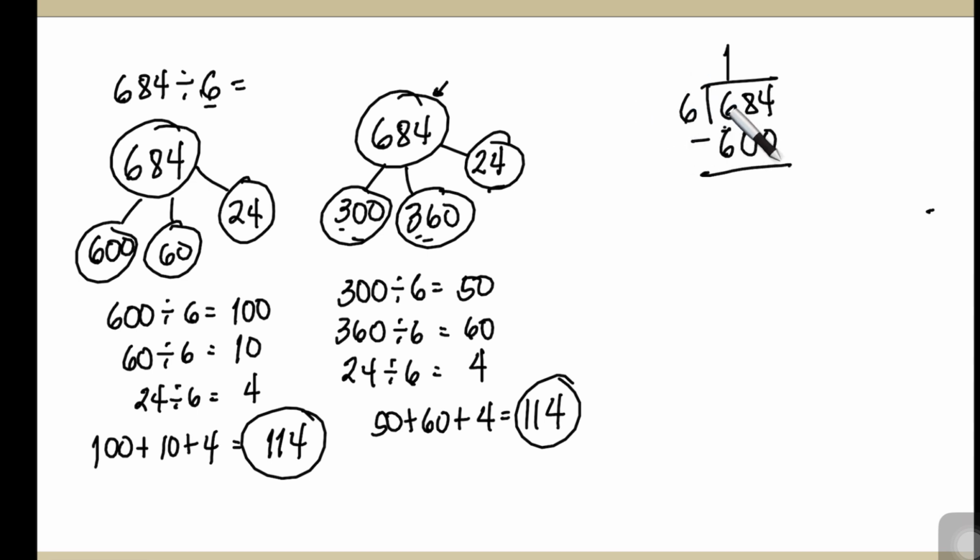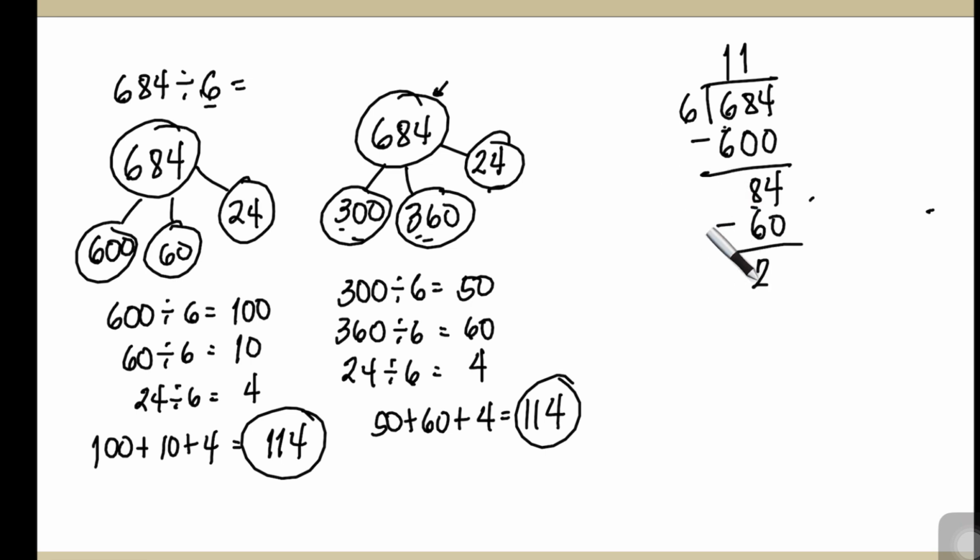Let's subtract. We're left with 84. Now we will be dividing this 84 by 6. But let's start with 8 tens first. So 8 tens divided by 6, there will be 1 ten. 10 times 6 would be 60.